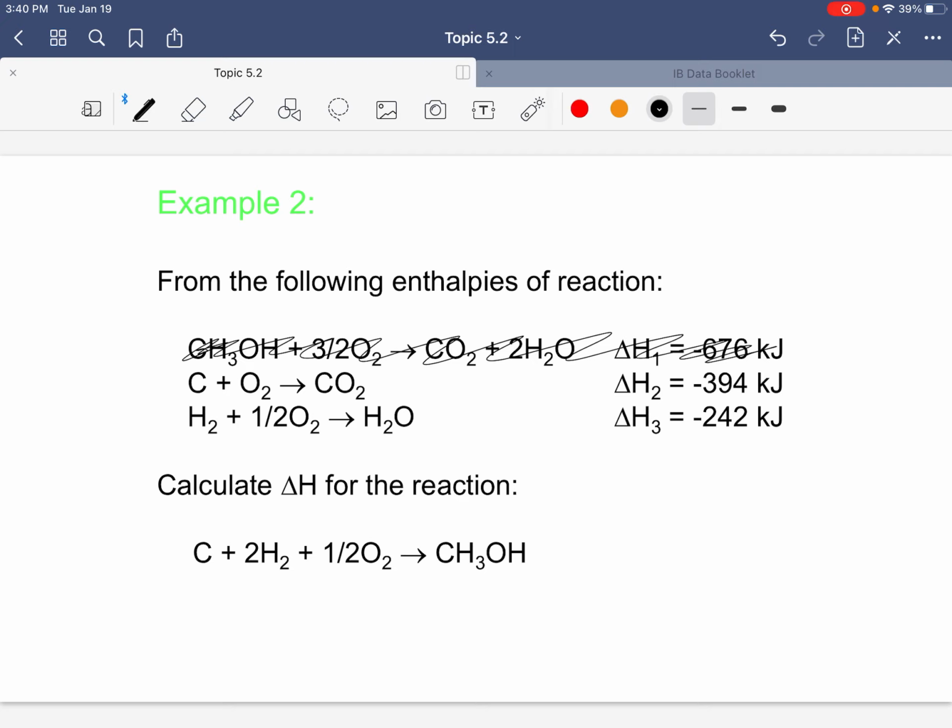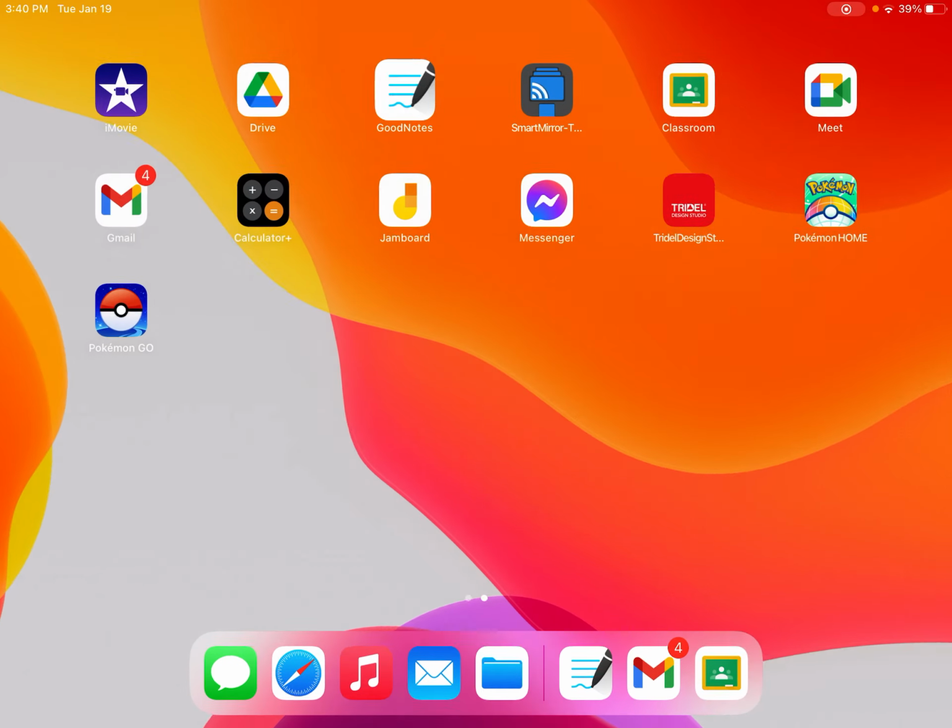I need to say that CO2 plus H2O will give me CH3OH plus 3 over 2 worth of O2. And because I flipped this, I need to flip 676 to 676 positive.